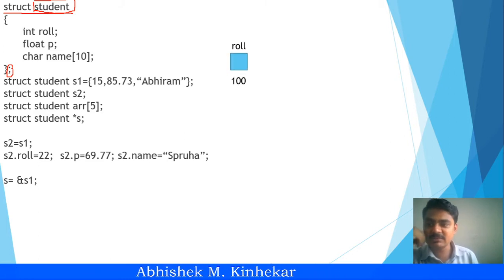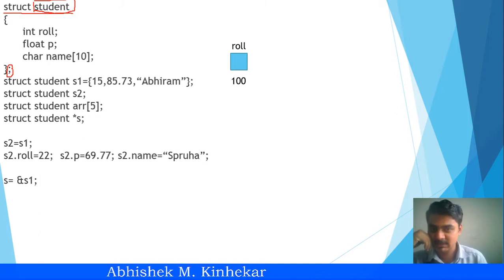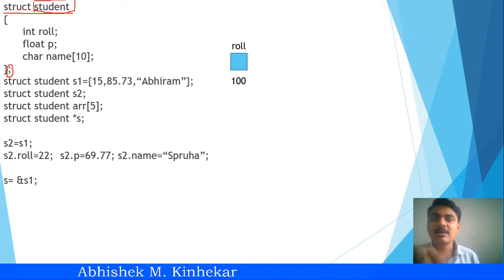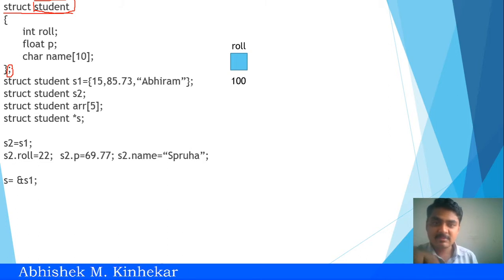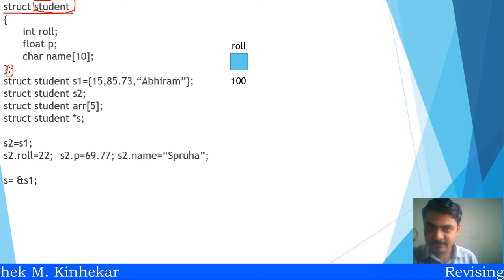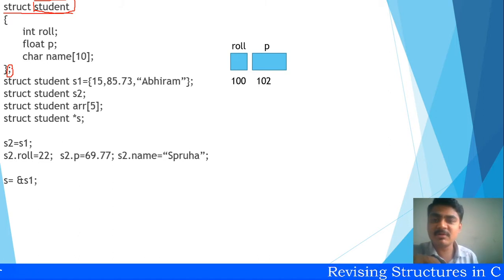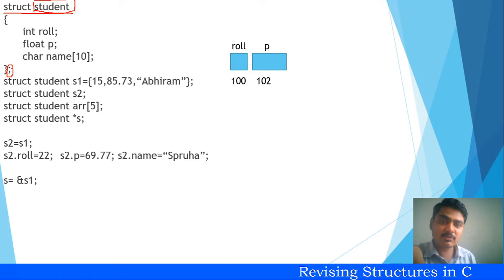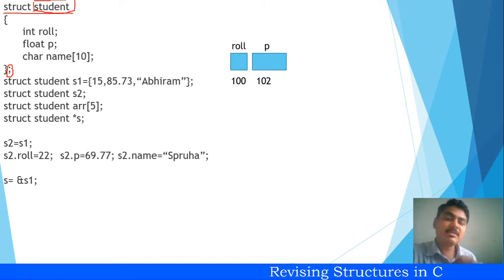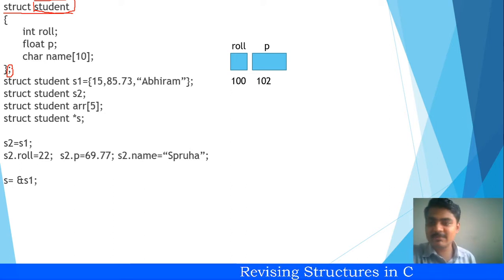When I create a structure and instantiate S1, what happens? A variable roll gets a memory. Let us assume the address of roll is 100. Another variable called p gets memory double that of an integer. That is, if an integer is of 2 bytes, p will get memory of 4 bytes. If an integer is of 4 bytes, in a 64-bit architecture, then p will get memory of 4 into 2, 8 bytes.